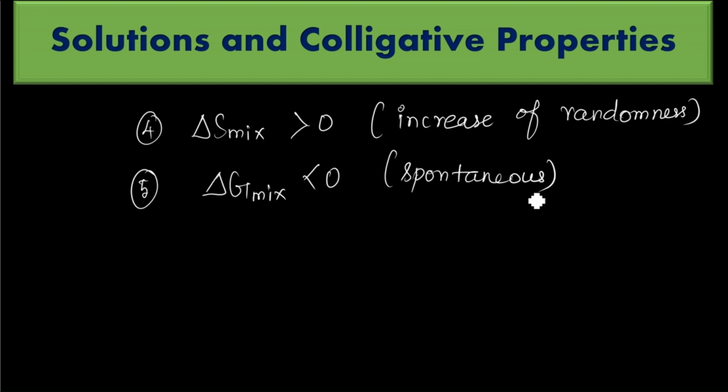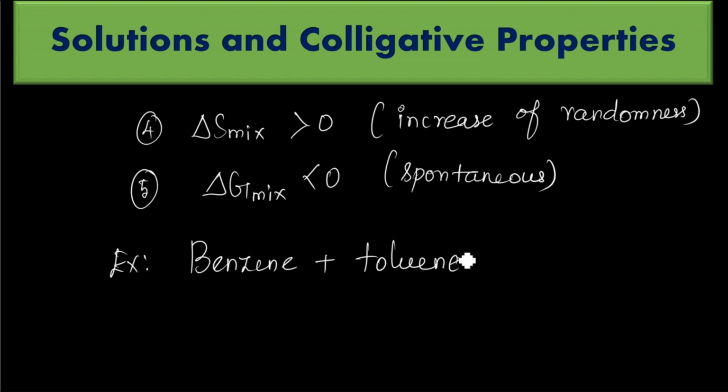Okay, so what is the classic example for this type of ideal solution? That is benzene with toluene. This is an ideal solution. What about non-ideal solutions?